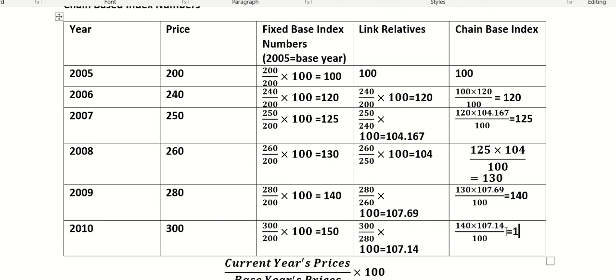So this is 150. Okay, so this is how we have calculated chain base index.